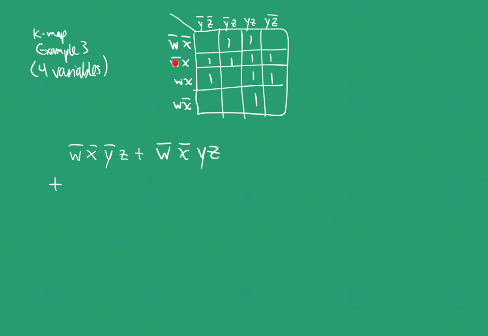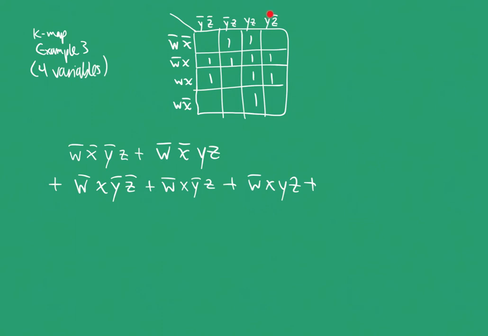Okay, so W bar X, Y bar Z, plus W bar X, Y, Z, plus W bar X, Y, Z bar.